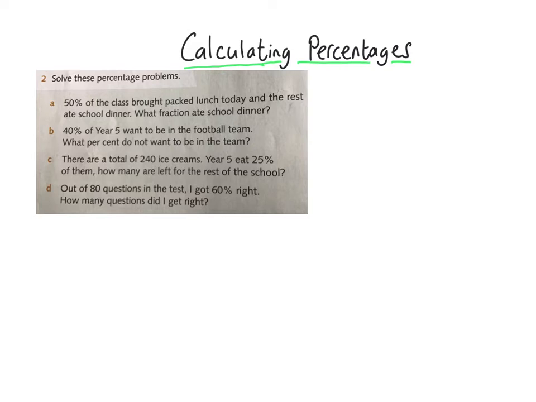So if I know that 50% is the same as a half, then I know that there must be another half of the class that ate the school dinner. So half brought their packed lunch, and that means that half ate school dinner. What this question is really testing is whether you know that 50% is a half, which you do, hopefully, because you've learned your equivalents.